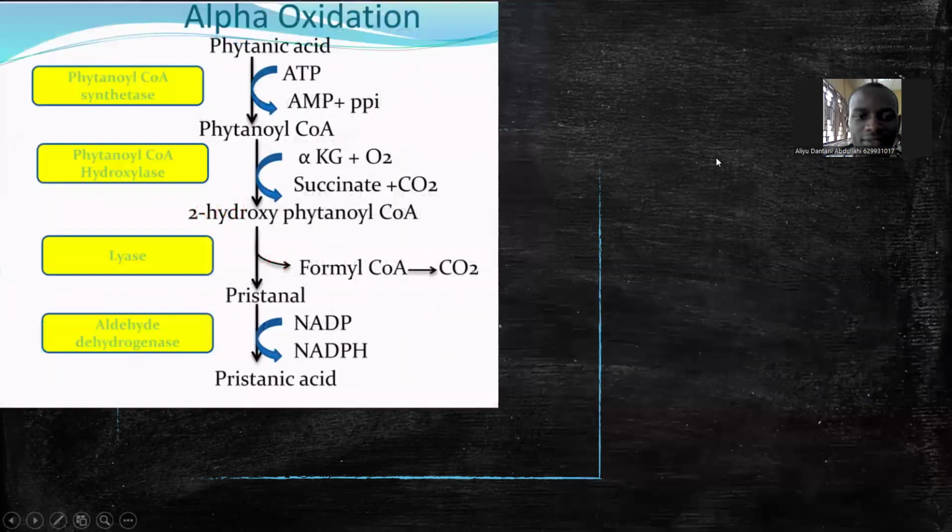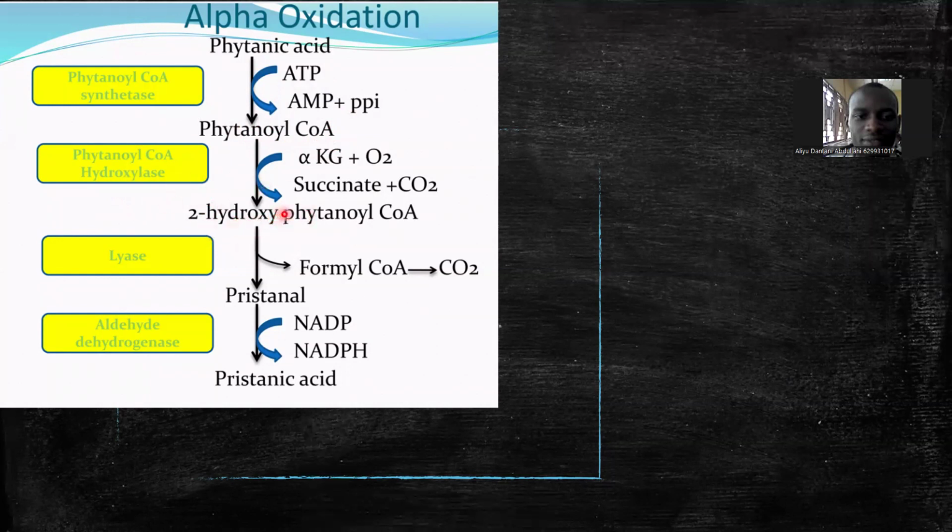Okay, so here we are. This is your phytanic acid. Phytanoyl CoA synthetase, with ATP as input, produces AMP plus PPi, and the phytanic acid is now modified to phytanoyl CoA. Phytanoyl CoA is then hydroxylated to form 2-hydroxy phytanoyl CoA.